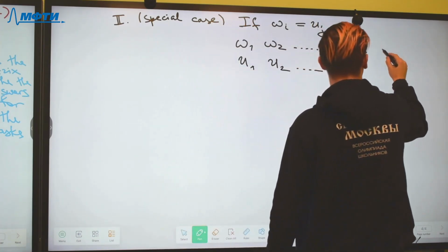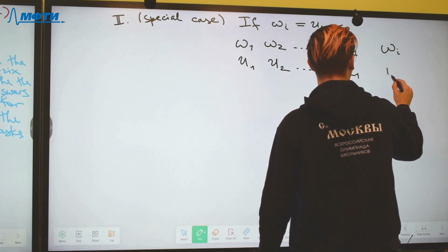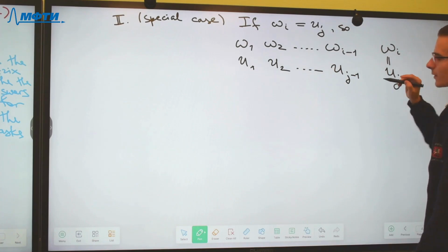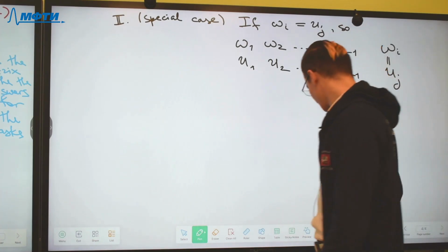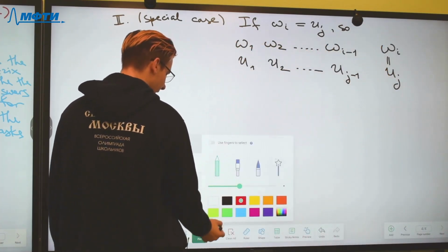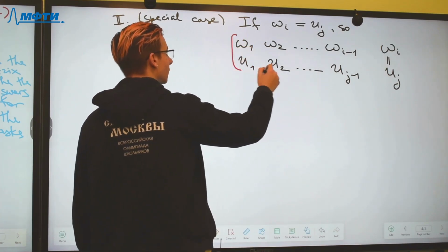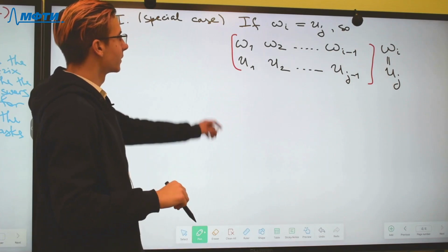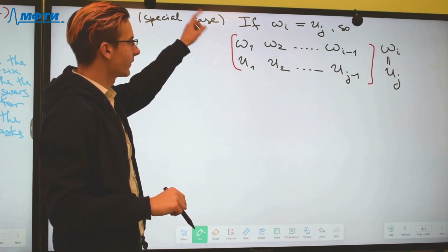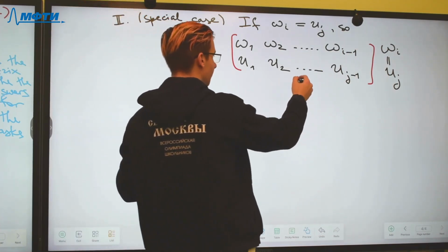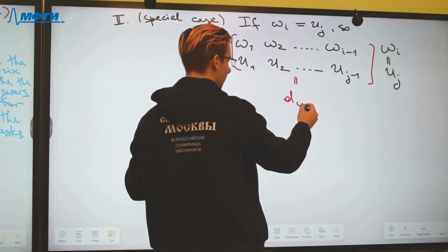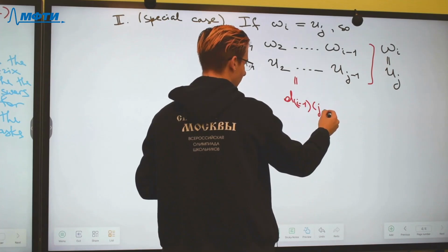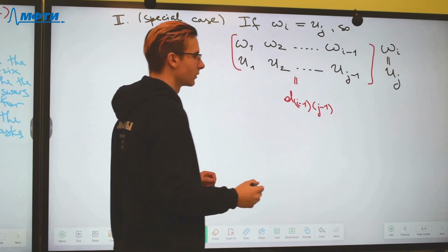And because they are equal, we say that in this case, the distance between these prefixes will be equal to d E minus 1, G minus 1.